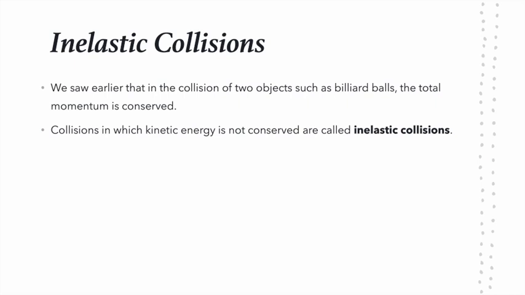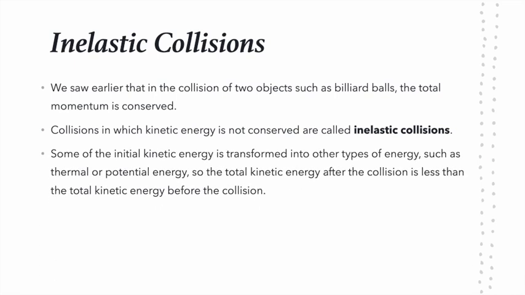In reality, in real world physics, most of the collisions are inelastic. It's going to be very, very hard for two objects to collide and conserve all their kinetic energy. But in textbook physics, kinetic energy is conserved in elastic collisions. So when kinetic energy is not conserved, the collision is inelastic.